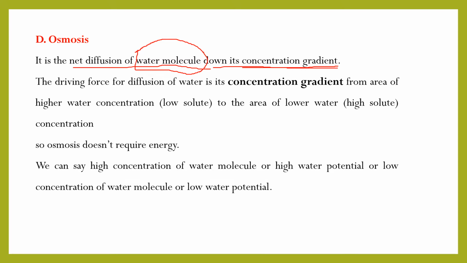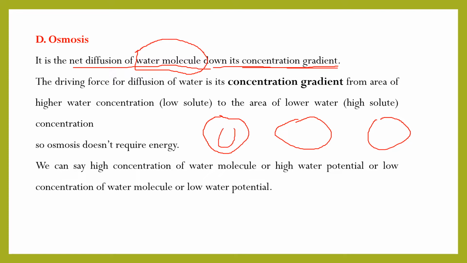For instance, we can see here three types of cells. One of the cells has the same concentration as its external fluid.